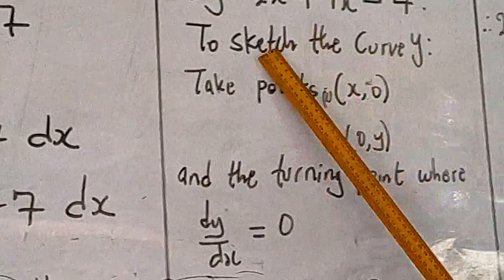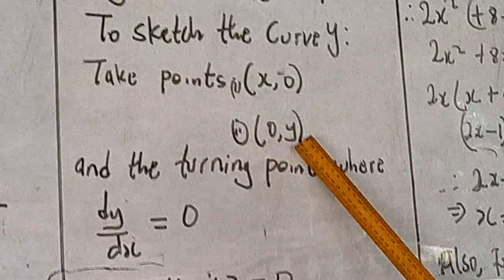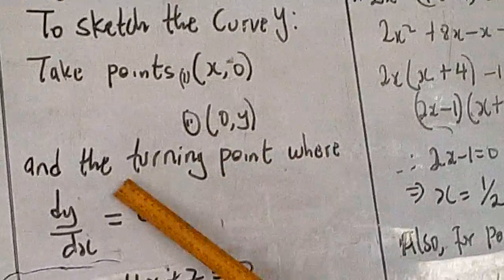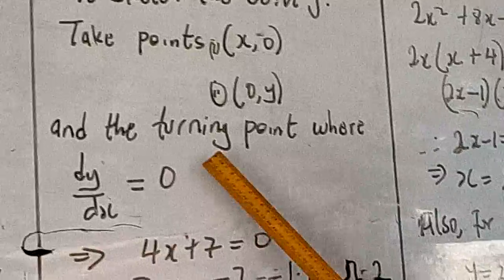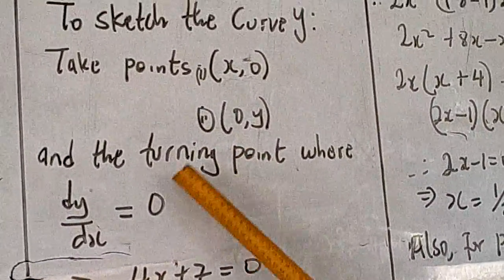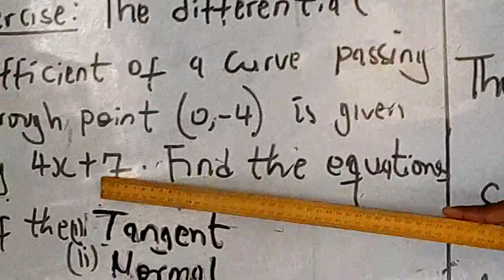Now, to sketch the curve y, take the point (x, 0) and also the point (0, y), together with the turning point. At the turning point, we know that dy/dx is 0. Let's first of all get the point at the turning point. Since dy/dx is equal to 0, that means 4x + 7, that was given originally, must be equal to 0 at the turning point.